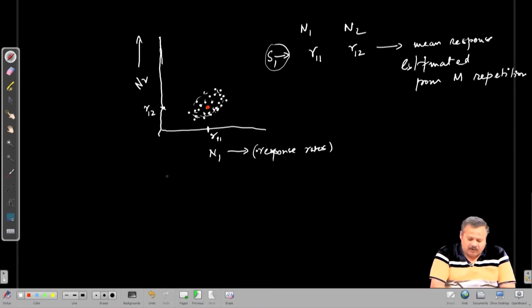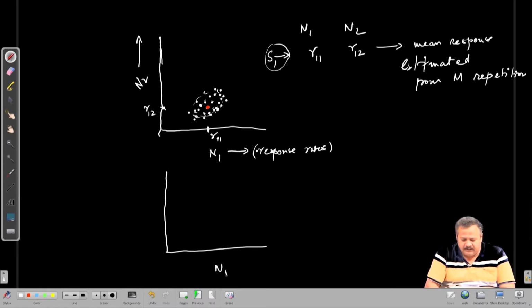Then this same plot would look like this. If we have the red dot here, we will see a circular kind of distribution of scattered points.